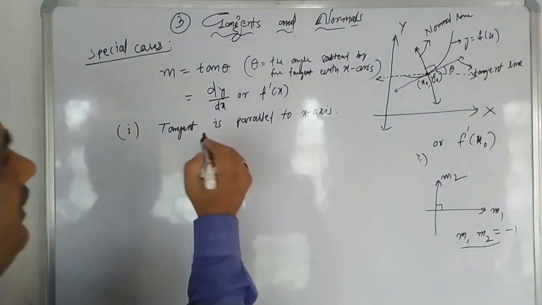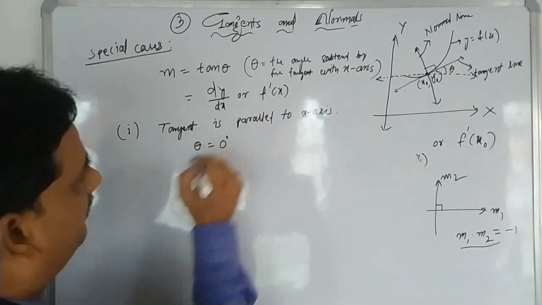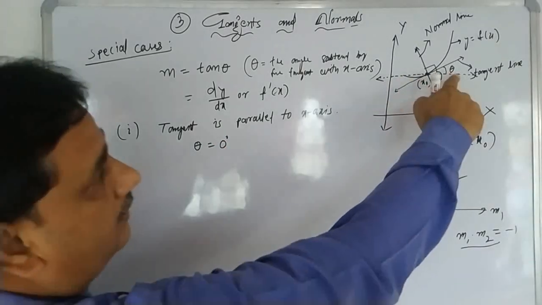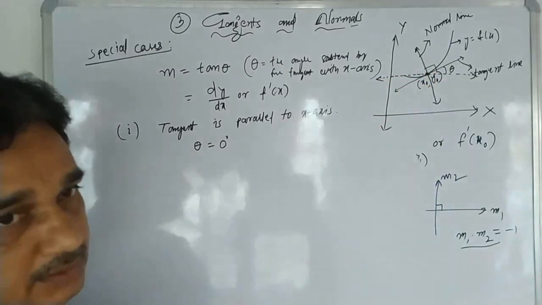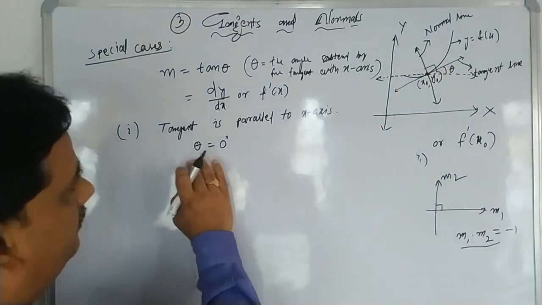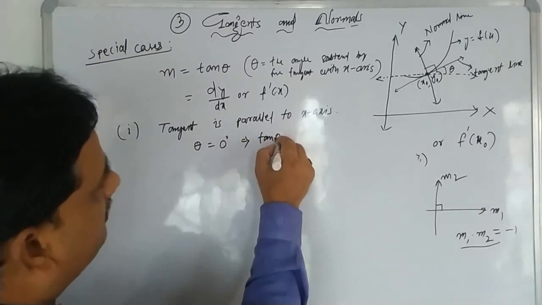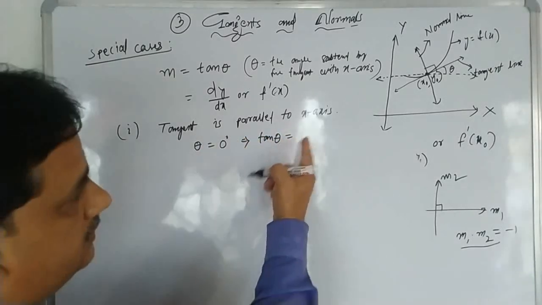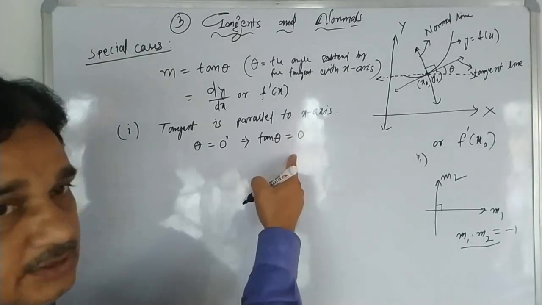If it is parallel, then theta is 0, because the angle between the tangent and the x-axis is 0 degrees. So if theta is 0, then tan theta is equal to 0. Tan 0 is 0.